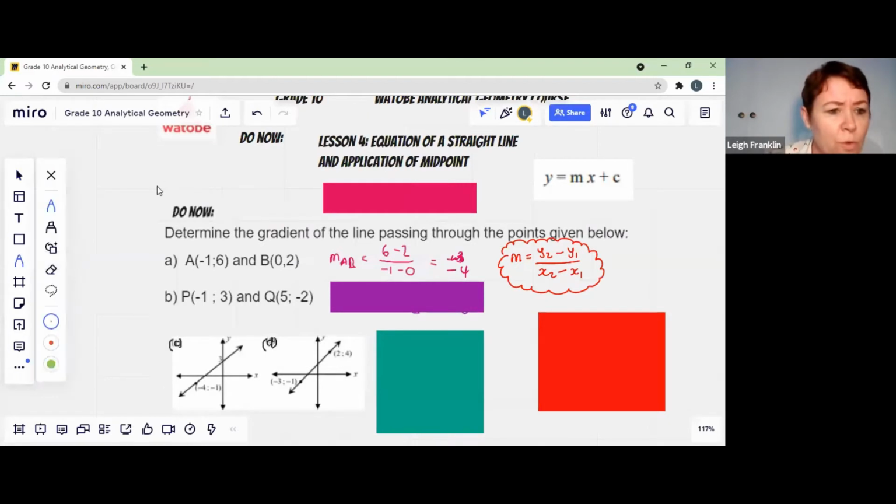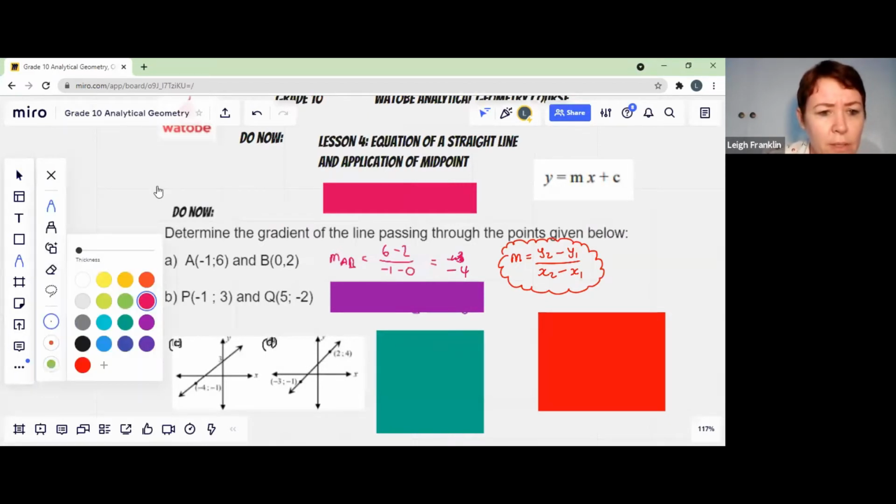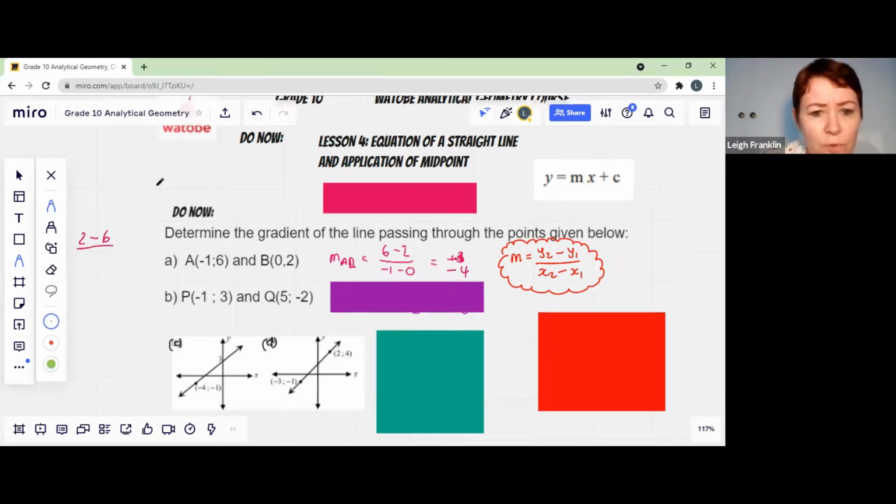Okay, so in other words, what you had was this. So you went 2 minus 6 is fine. So if you start here, then you have to start here. 0 minus negative 1. Okay, so 2 minus 6 leaves you with negative 4. Over 0 plus 1 is 1. And that's why we would have still ended up with negative 4 as an answer.